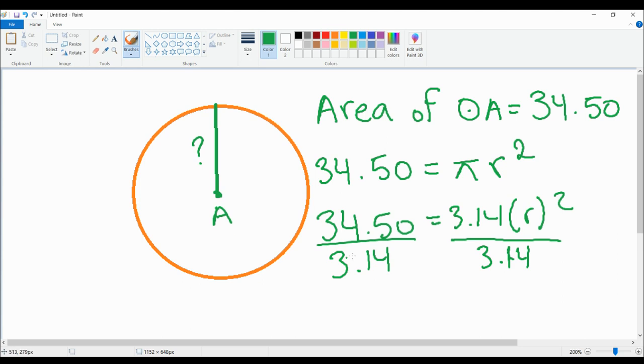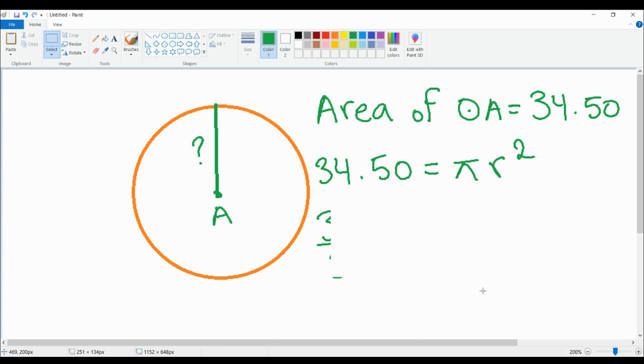So let's just move this down and erase this. We got that 34.50 divided by 3.14 is approximately 10.99. So now we have 10.99 equals r squared.